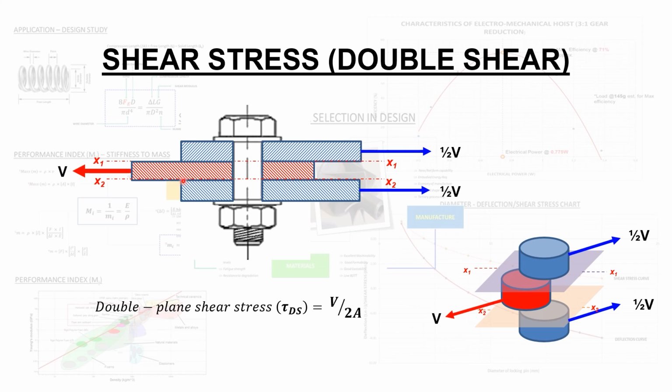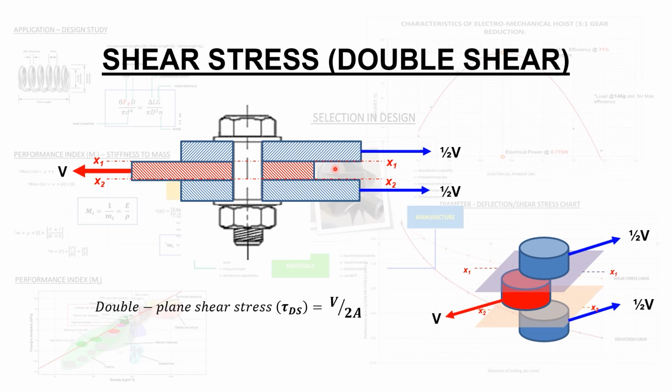So plate 1 and plate 2 create an axis of shear x1, x1, and the contact between the intermediate plate and plate 3 creates a cutting plane x2, x2, as shown in this diagram here. Now, to keep this system in equilibrium, the shear force experienced by the intermediate plate should be equal to the sum of the reactions experienced by the outer plates.